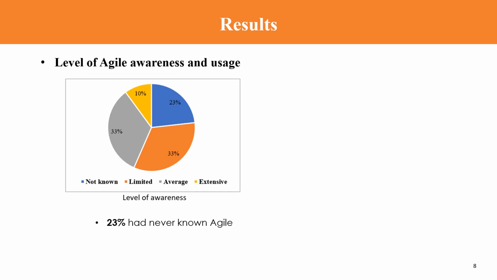In terms of the level of awareness and usage, we found that about 23% of the participants had never known what Agile is, while 77% of them had known Agile with different levels of expertise, of which just 10% had extensive knowledge.